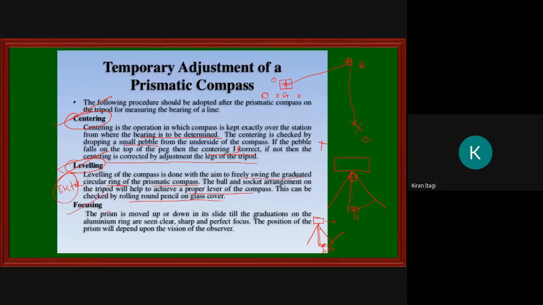Now focusing. You will see focusing in most instruments like auto level, dumpy level, theodolite, total station, etc. I will explain the use of focus. Here a man is standing, and here another man is standing who has the camera.